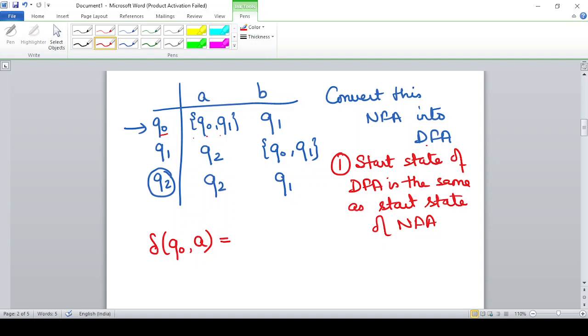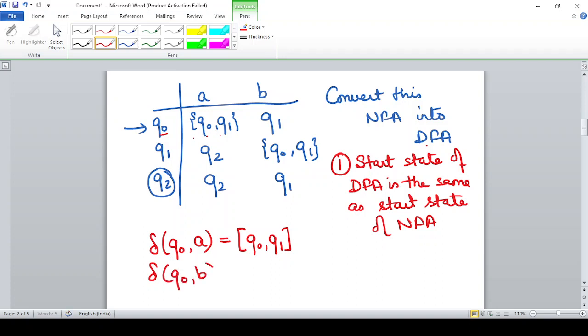So I put a square bracket to denote that this set is now a single state. On Q0, when you give A, you go to a state which is [Q0 Q1]. It is not a different state that you are going to, but it is a single state now whose name you have written as Q0 Q1.